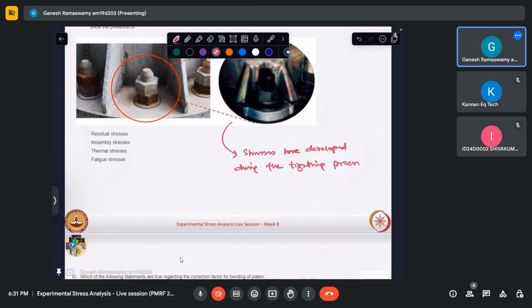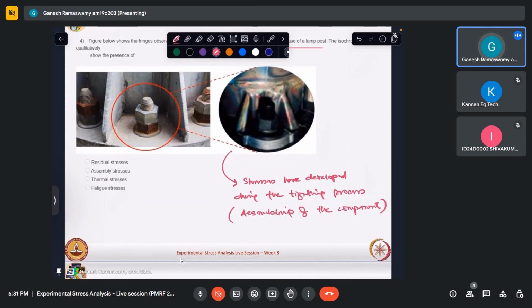And there is essentially no way to model this because this is dependent on the workmanship that is taking place at the site. So although it may be conceptually appealing for us to include these stresses in our analysis, there is no way for us to gauge, which is why we will take a buffer of this much as the allowable deviation.